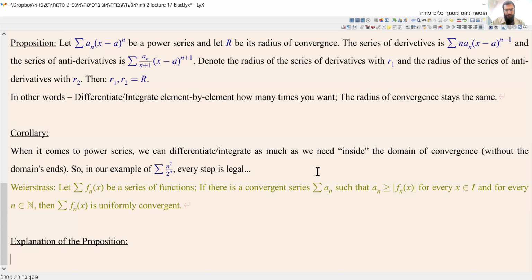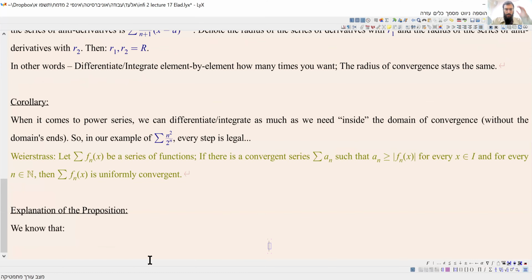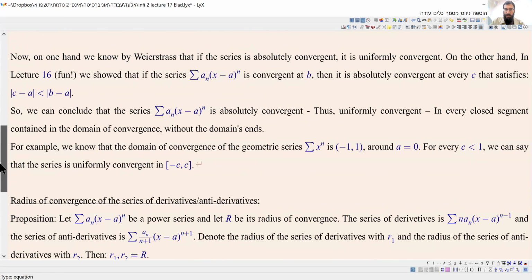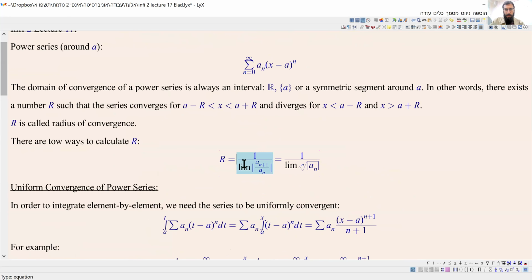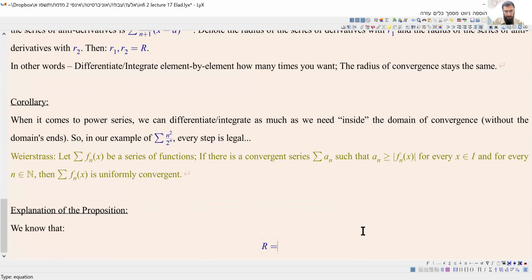We know that the radius of convergence is, for example, the limit of a_n over a_(n+1), all that in the denominator.